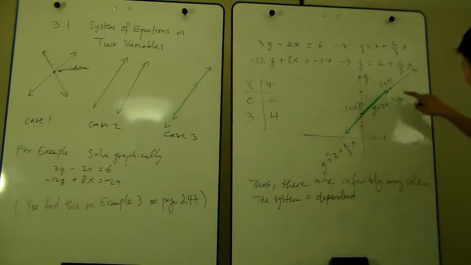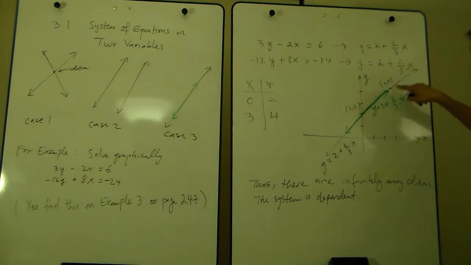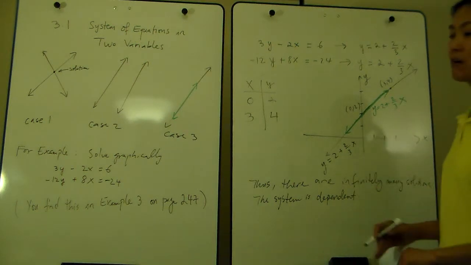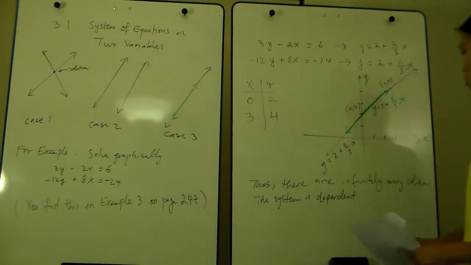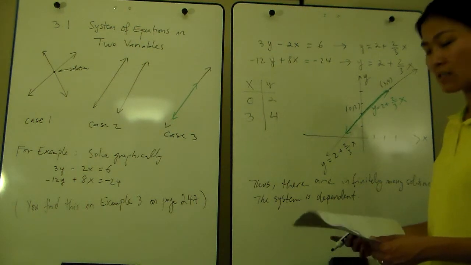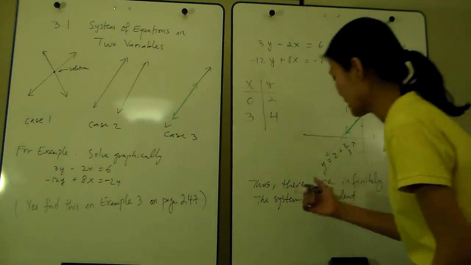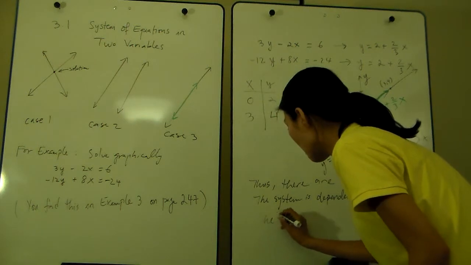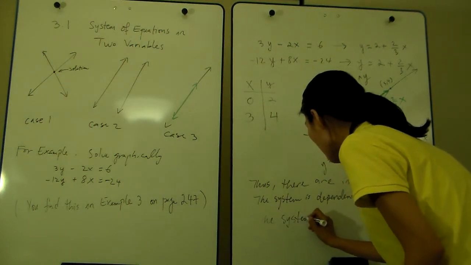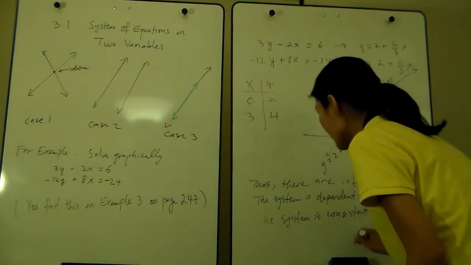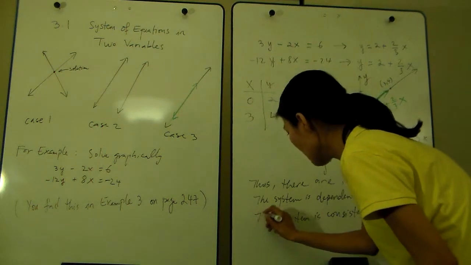They actually intersect at every point on the lines, right? Remember, there are infinitely many solutions because there are infinitely many intersections. So you would say this case is consistent because it has at least one solution.